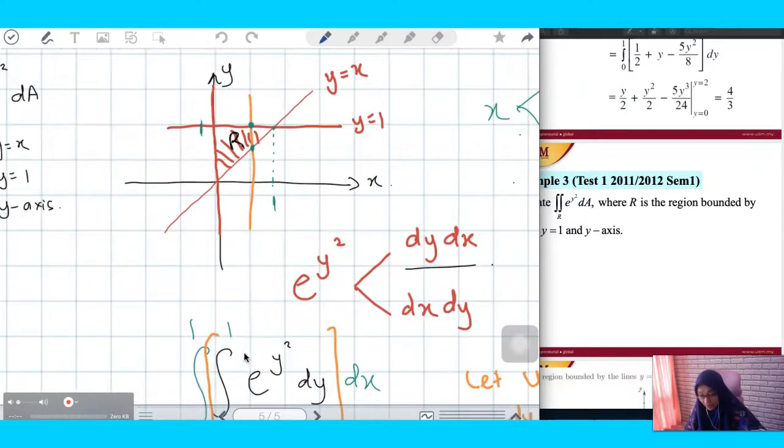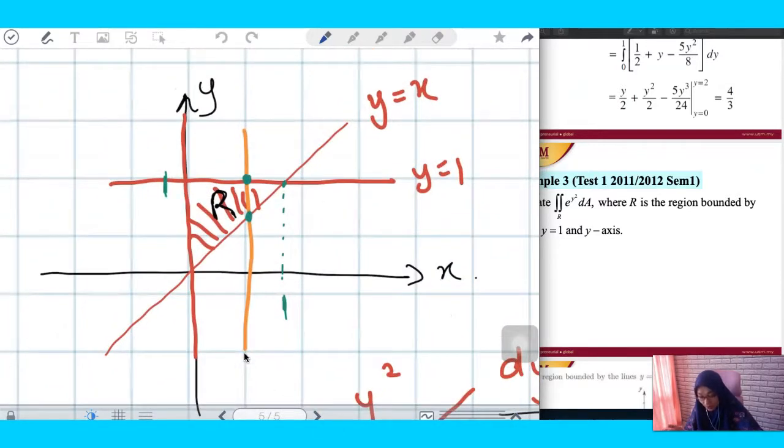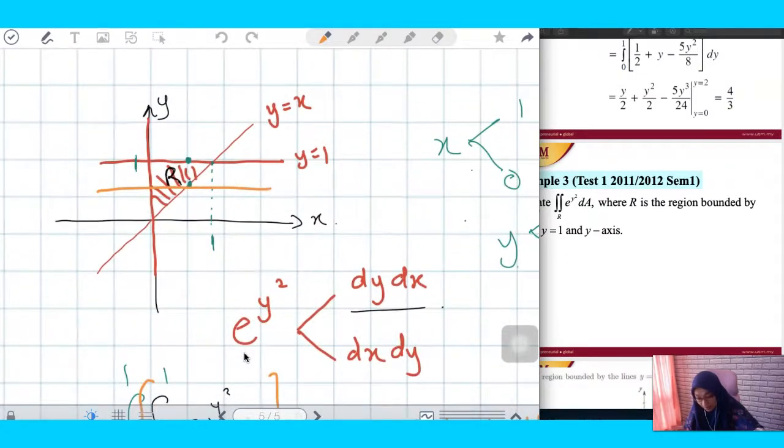So y is constant, and because y is constant, the line that you create should be a horizontal line. You can see that your constant y is lying between, so the smallest y is 0 and the highest y is 1. So 0 to 1.